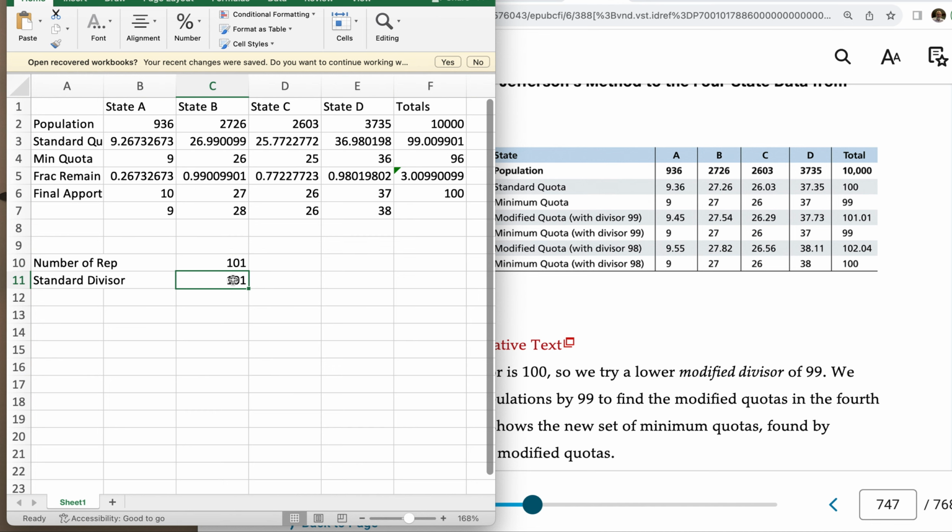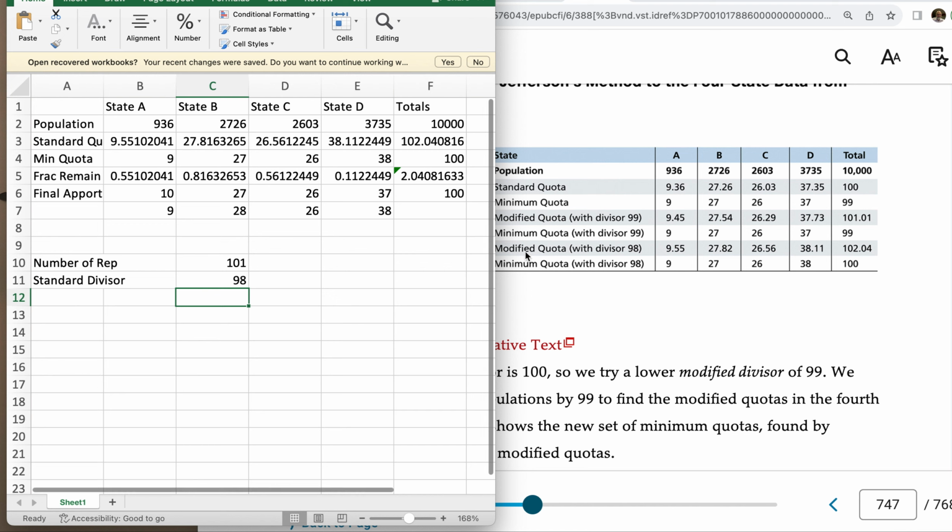If we were doing 100 for the standard divisor, the modified standard divisor only allocated 99 representatives. If we did 99, it still only allocated 99 representatives. If we went to 98, it got the total number to 100 and gave 38.